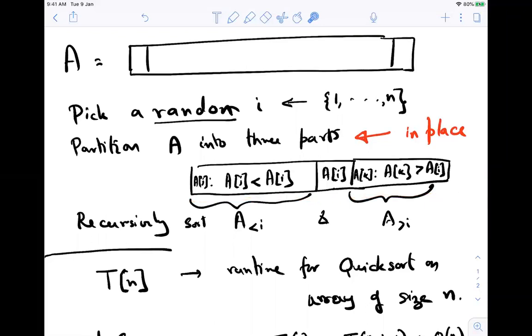Okay, so this is what is the most important or interesting part of quicksort, that it is in place, which means that it is not using any extra memory. So this is better than the merge sort.